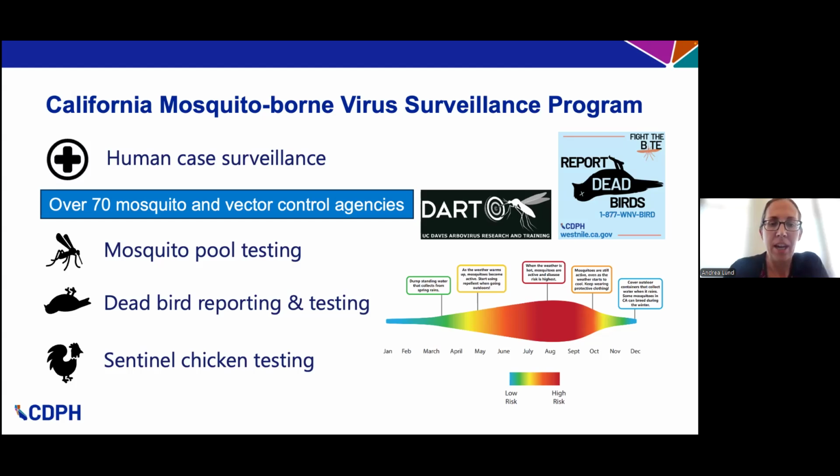CDPH essentially has a monitoring program for each element of the transmission cycle that I just showed you. My colleagues and I take care of the human case surveillance component. That's monitoring for human cases that get reported, often through seeking healthcare and getting appropriate testing, and that testing then gets forwarded on to local health departments.